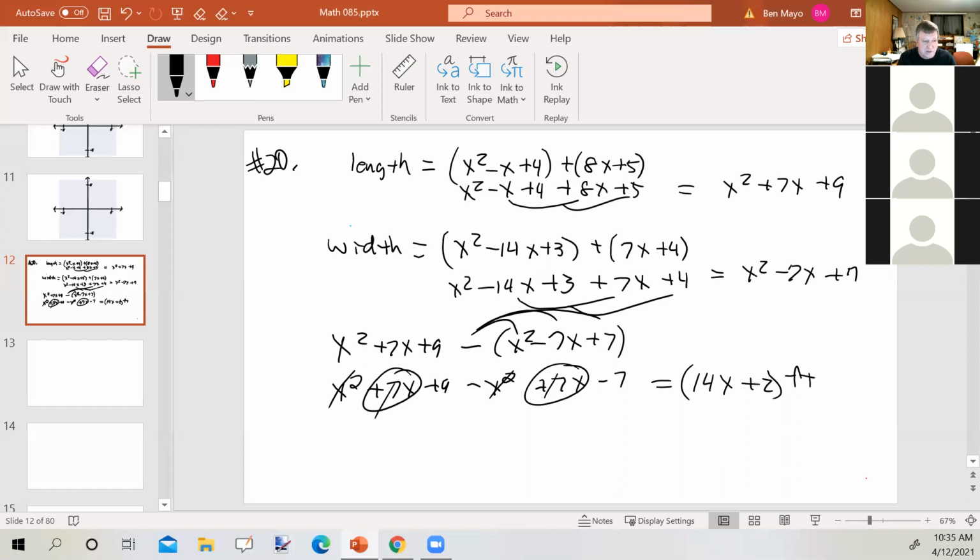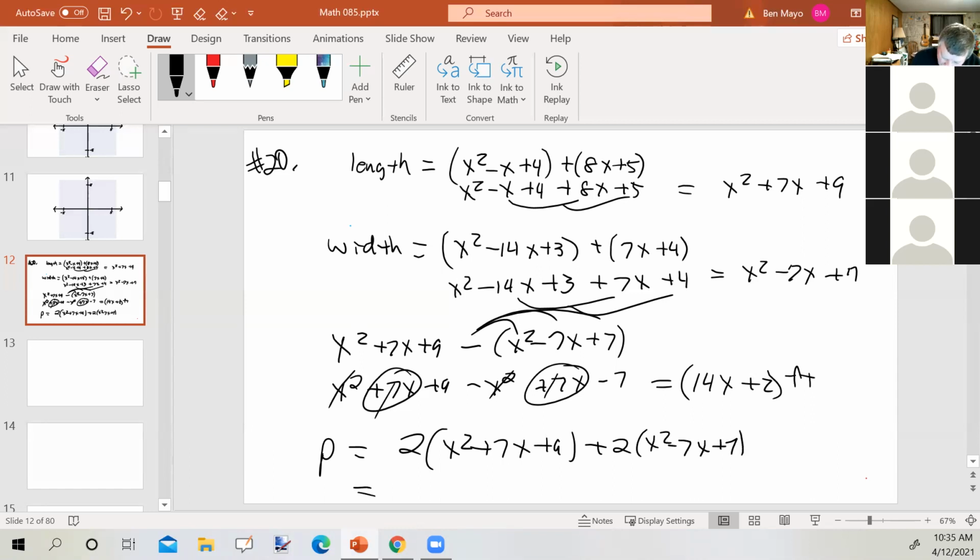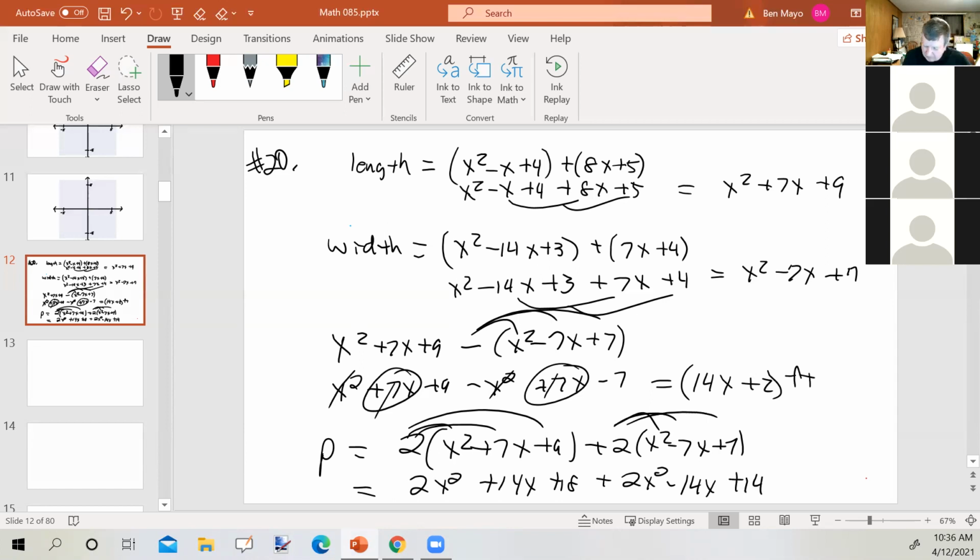Okay. Then it says find the perimeter. So the perimeter would be 2 times the length plus 2 times the width, which is going to be 2x squared plus 14x plus 18 plus 2x squared minus 14x plus 14.